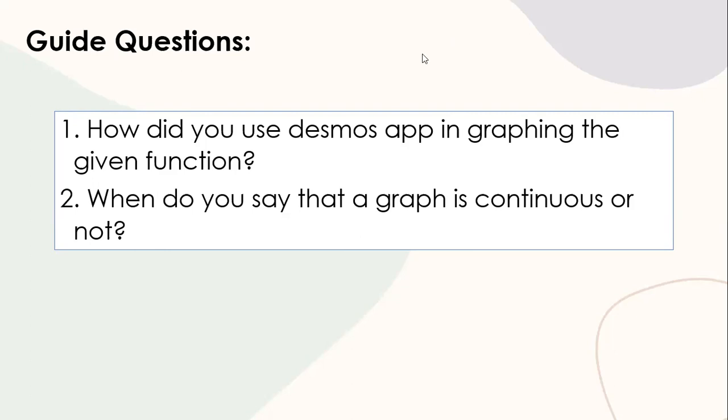As we trace our graph, we can say that the function is continuous if we do not encounter any interruption, any hole or any cut in our function or graph. On the other hand, if we encounter any of those, we can simply say that the function is discontinuous or not continuous.